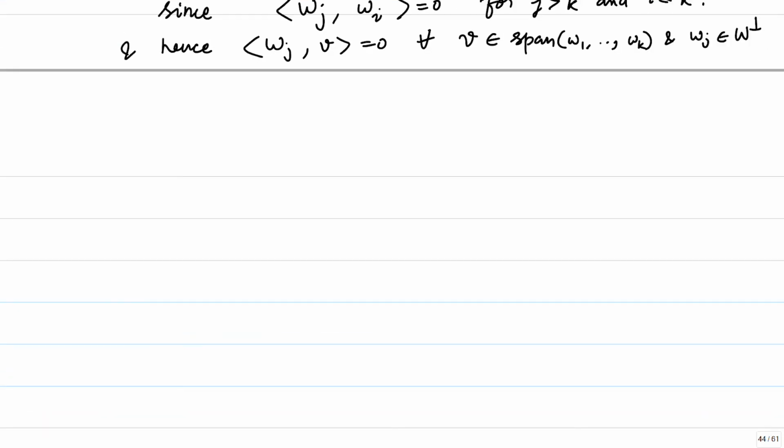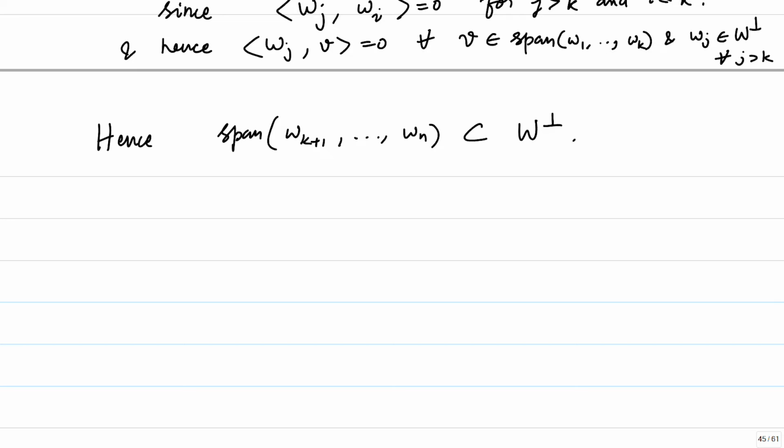That is what we have concluded just now: Wj belongs to the orthogonal complement of W. But then the orthogonal complement of W is a subspace, and hence, for all j greater than k, the span of Wk plus 1 to Wn is contained in the orthogonal complement of W. Let us prove the other way.